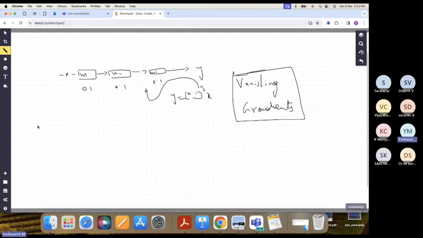How do we solve this vanishing gradient problem? You have to scale your weights appropriately.